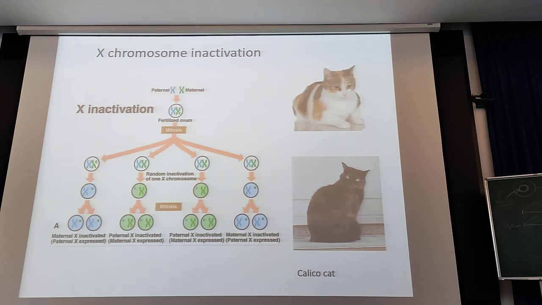And if this gene corresponds to the yellow, then this group of cells will show the black color because the yellow is silent. In the other group, the silent X comes from the father, so the expressed gene comes from the mother, which had the yellow. This group, with the X from the father silent, will develop into the yellow color.